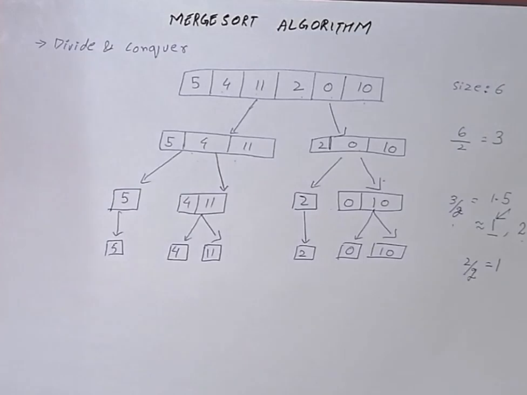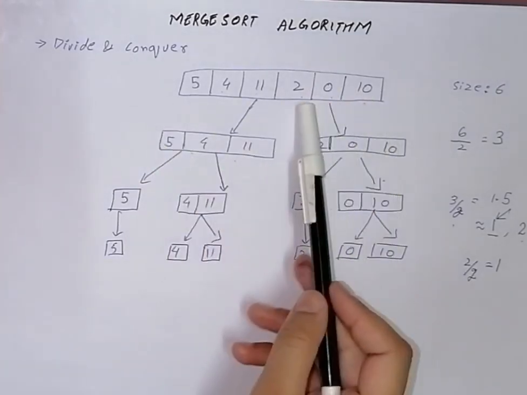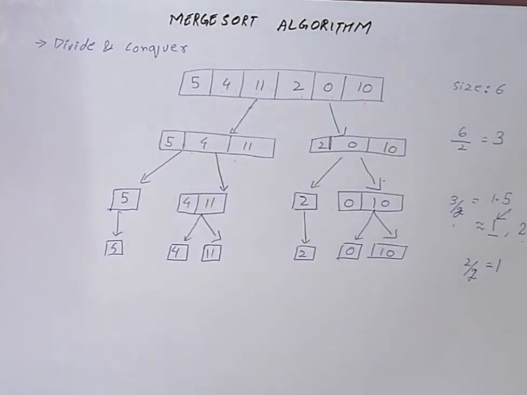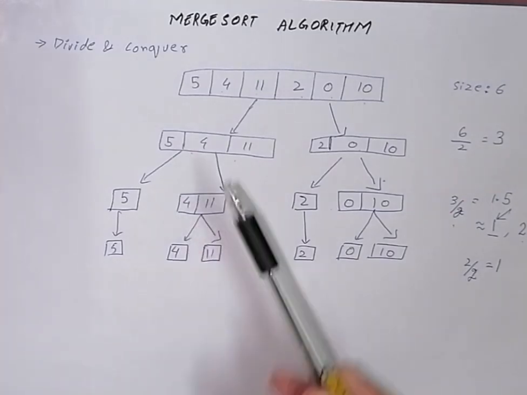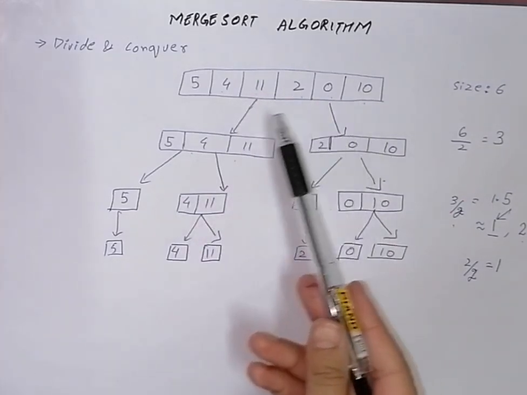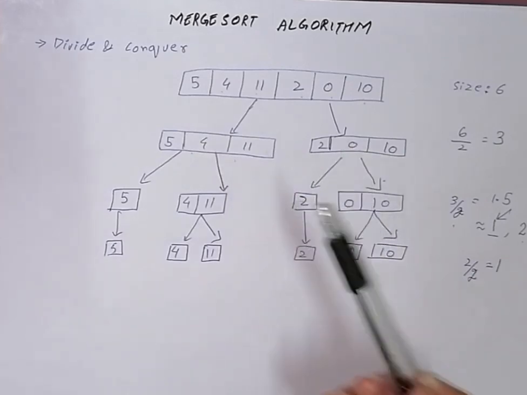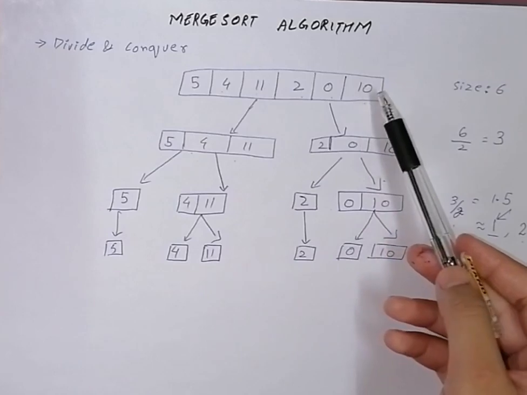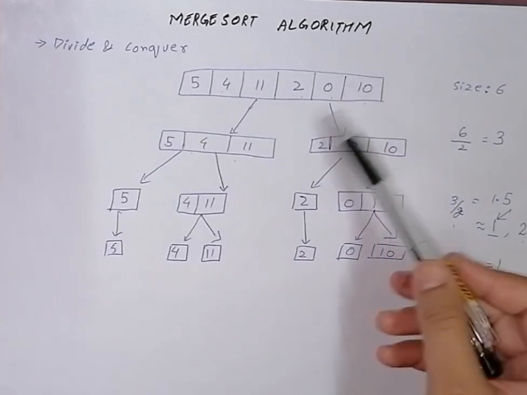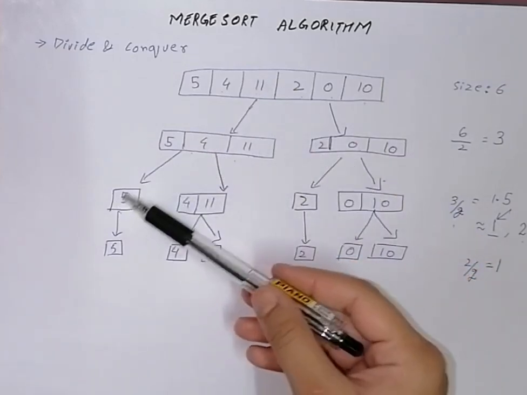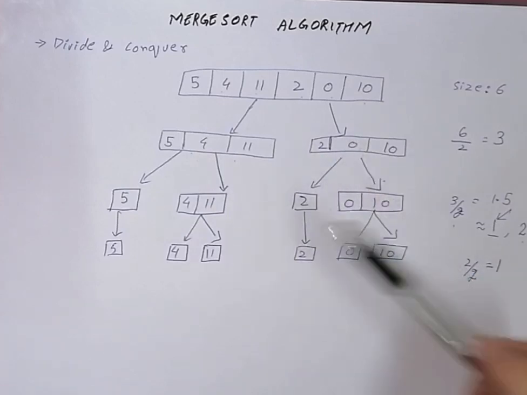Okay, so you have seen basically I have got one big problem. I have split it into two every time. I have split the big array into two different sub arrays, each having size as size divided by 2, and here size refers to the parent array size. And every time I am splitting the array into two almost equal halves.